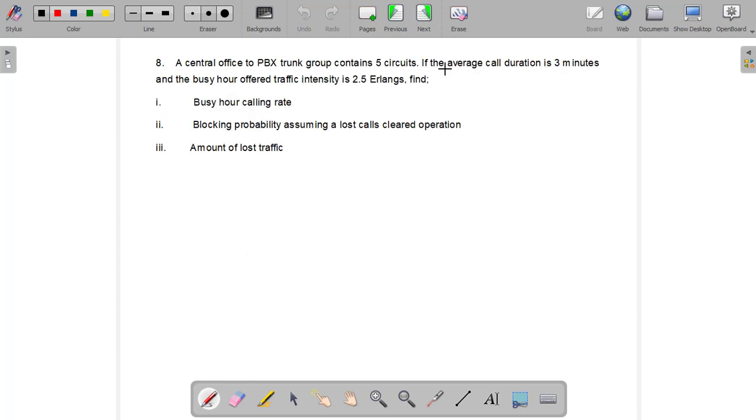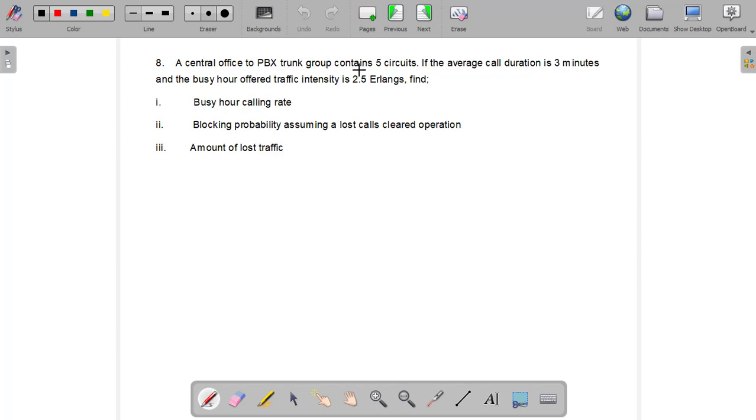So finally, our last question. A central office to PBX trunk group contains 5 circuits. If the average call duration is 3 minutes and the busy hour offered traffic is 2.5 erlangs, we are asked to find first of all the busy hour calling rate, the blocking probability assuming the lost calls cleared operation, and the amount of lost traffic.